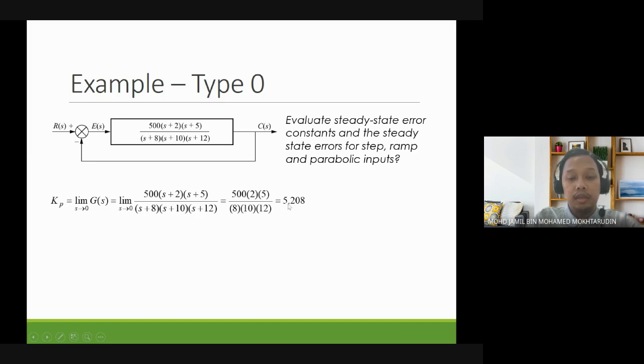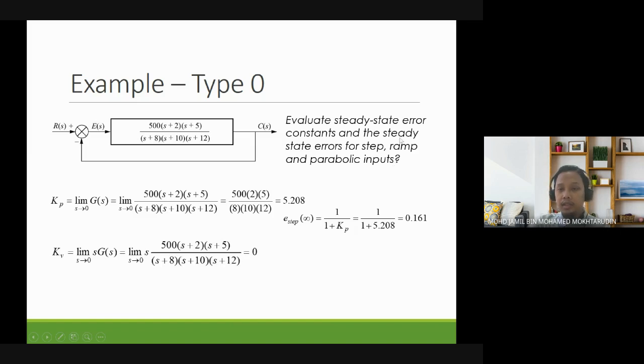You get Kp equals 5.208, since you just substitute s equals 0. Then find the steady state error for a step input: 1 over 1 plus Kp. You get 0.161.